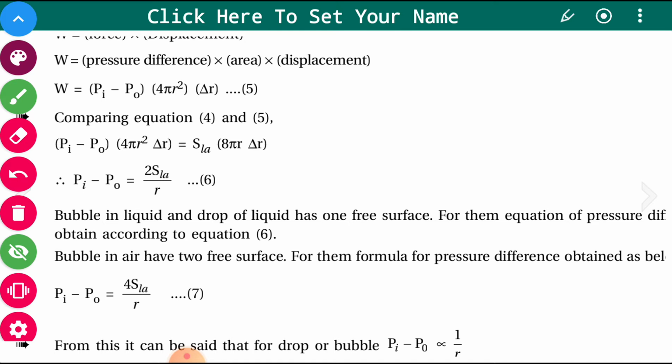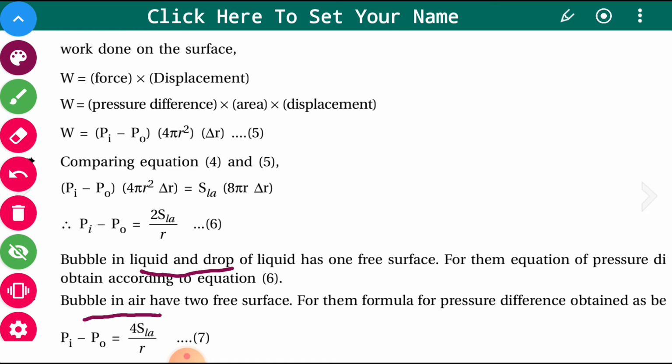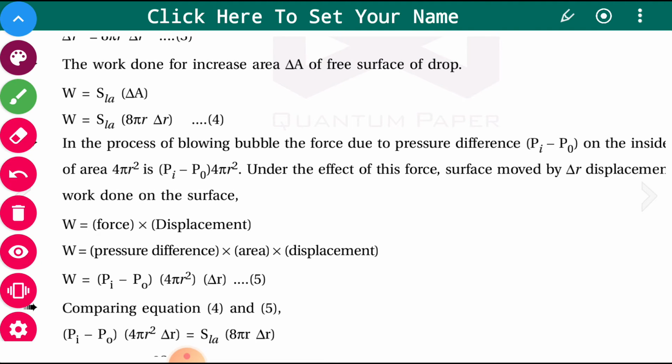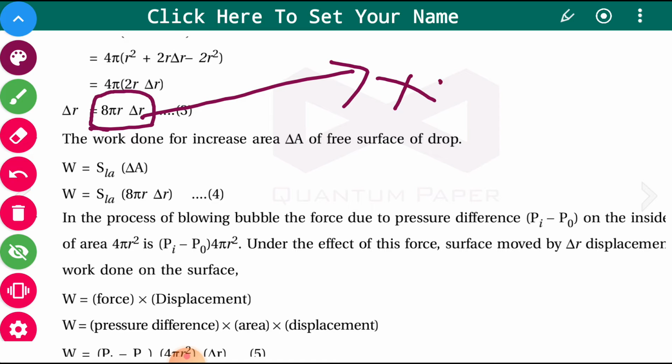And if you have a soap bubble in air, then inside and outside there are two surfaces, and the pressure difference Pi minus Po will be equal to 4 times surface tension upon radius. Because if there are two surfaces, then this change in area, delta A, which we calculated as 8 pi r delta r, has to be multiplied by 2 because it has two surfaces when the bubble is in air.